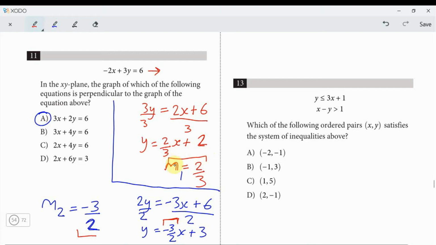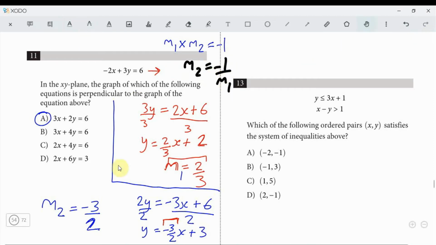So how do you know it's supposed to be negative 3 over 2? Remember, what did we say about when two lines are perpendicular? The product of their gradients is negative 1. So M1 times M2 should be negative 1. If you make M2 the subject, M2 should be equal to negative 1 over M1.